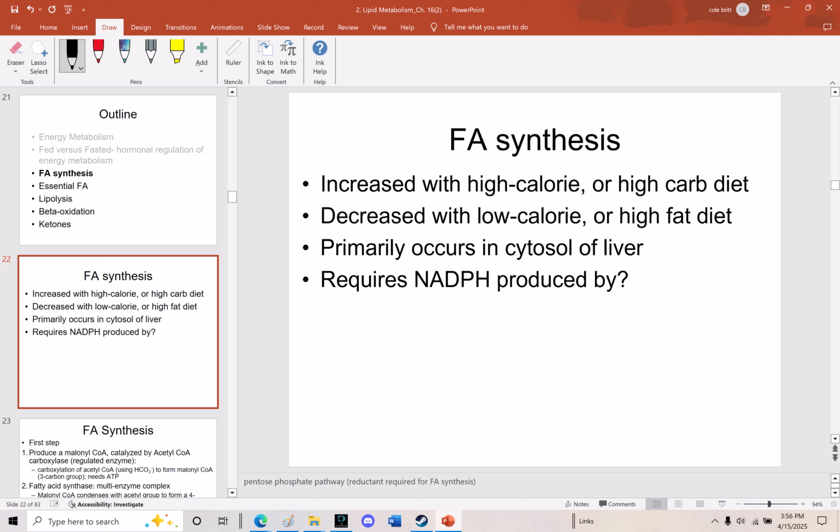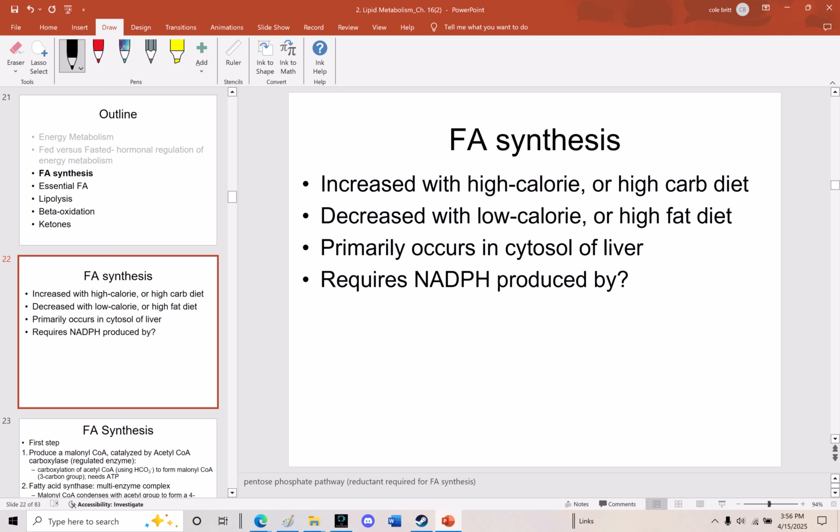Fatty acid synthesis does require NADPH, and we did talk about this very briefly last term. Where did we produce it? We talked about this last term. Pentose phosphate shunt, or you can say PPP for the pentose phosphate pathway. But that's the primary way we make NADPH. And we need this.